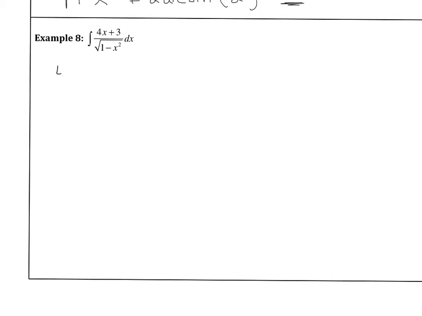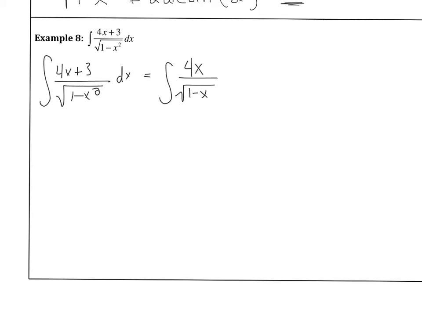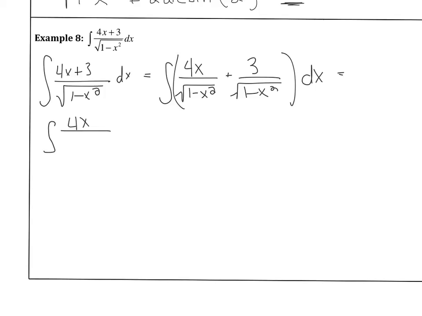Rewrite this integrand as the integral of 4x over root 1 minus x squared plus 3 over root 1 minus x squared dx, and then create 2 separate integrals and handle them each individually.